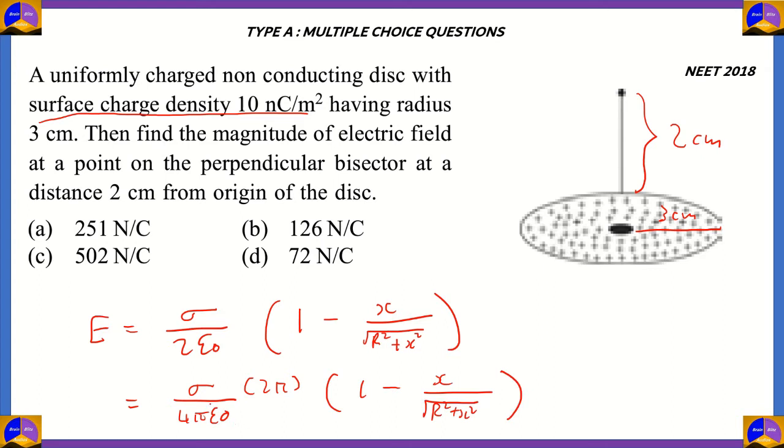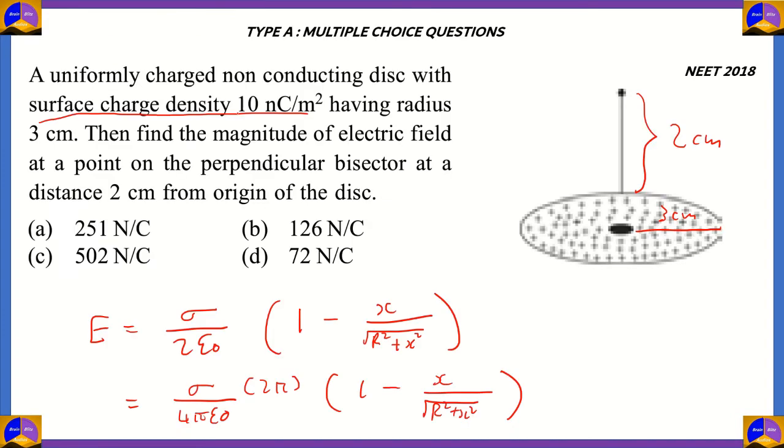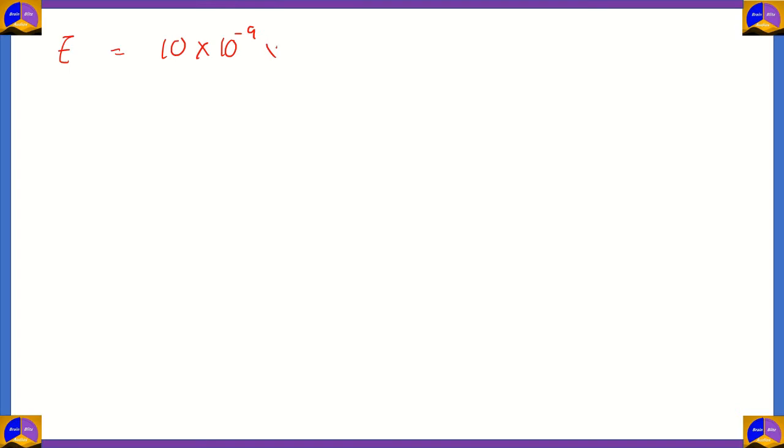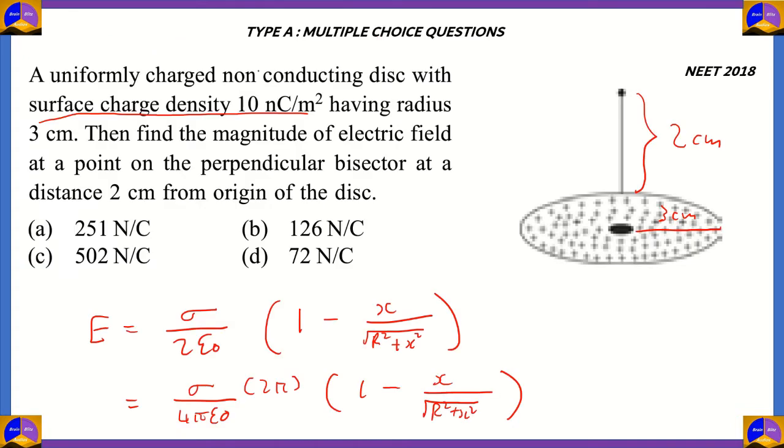Over here, you have 1 by 4 pi epsilon naught, that is the electrostatic constant, K, which is 9 into 10 raised to 9. So the value of sigma is 10 into 10 raised to minus 9, and then the value of K is 9 into 10 raised to 9.